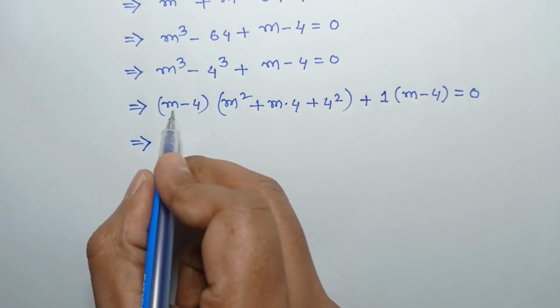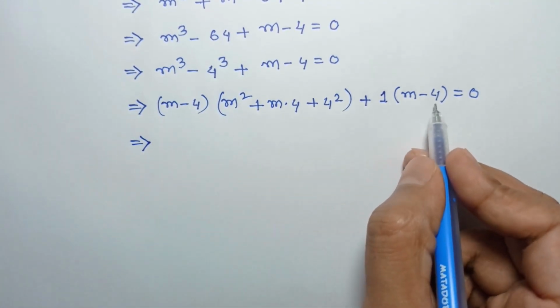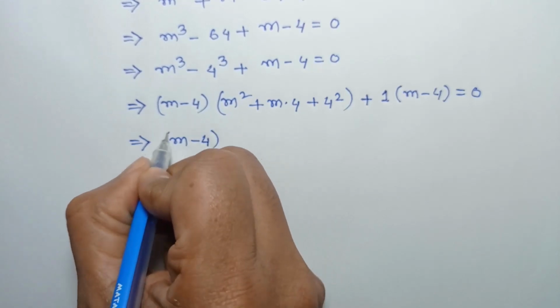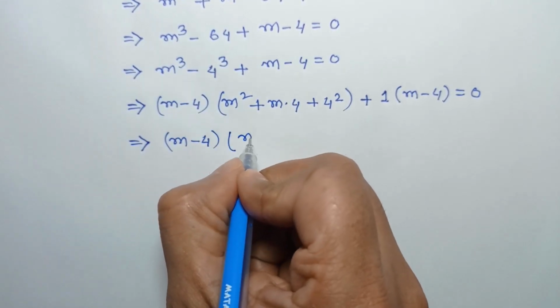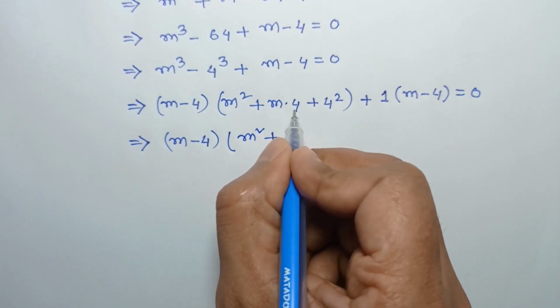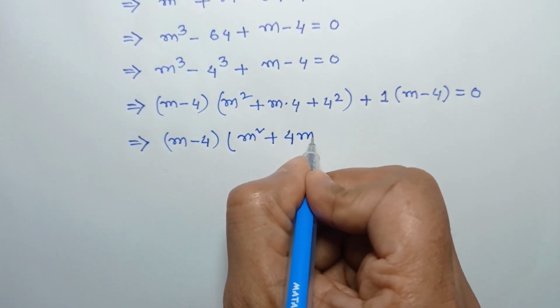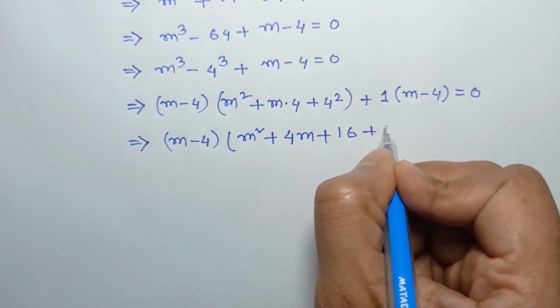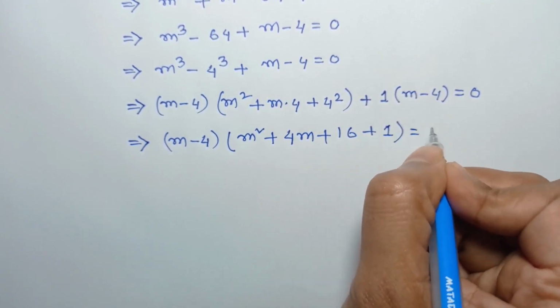Or if we take common m minus 4 from these two terms, we can write m minus 4 times m square plus m times 4 is 4m plus 4 square is 16 plus 1 is equal to 0.